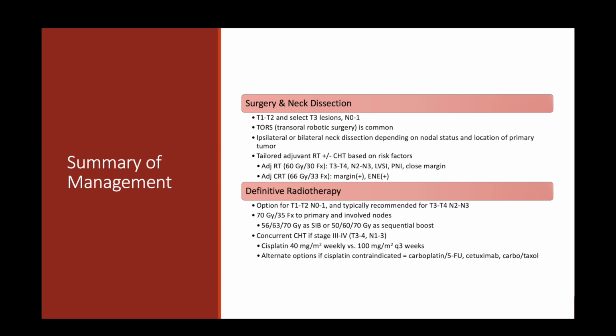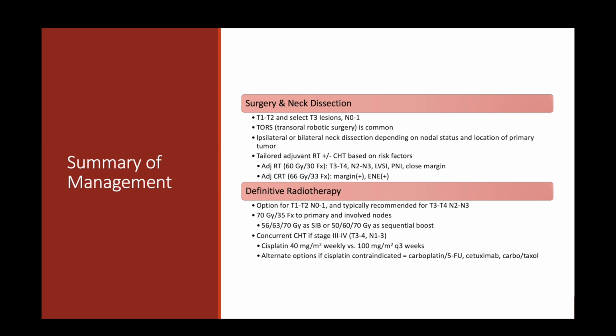Patients that tend to be good candidates for surgery are patients that have smaller tumors, so T1 to T2 tumors, select T3 lesions, and also if they have a lower nodal burden, so typically N0 to N1. For these patients, the approach is often a transoral robotic surgical approach, so TORS is the acronym for that. And that allows them to be less invasive than they would have been otherwise.